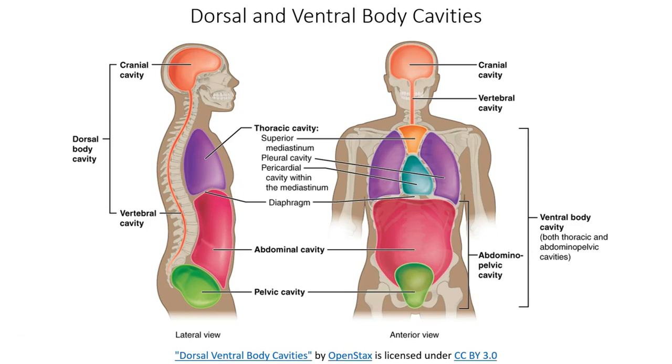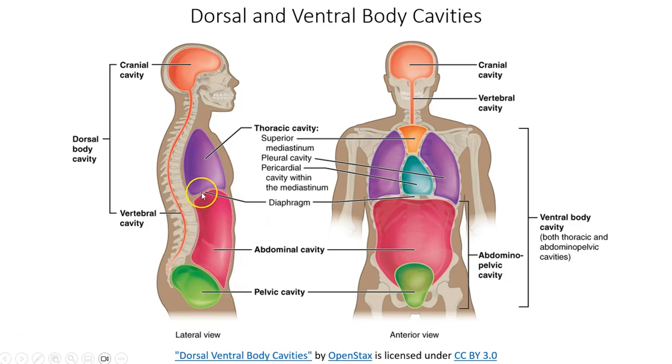So this is a graphic showing how those are broken up. Our dorsal body cavity or posterior body cavity again has the cranial cavity with the brain, and the spinal cavity with the spinal cord, or vertebral cavity. And then our ventral or anterior body cavity is going to have the thoracic and abdominopelvic cavities. Those are indicated separately here, but they are collectively referred to as the abdominopelvic cavity.